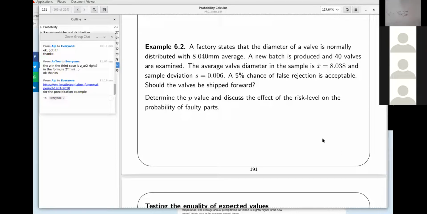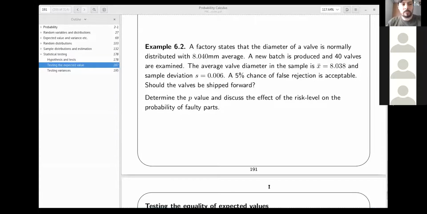In this case, I just calculated it, and I'm going to calculate it with MATLAB. I'm not going to switch windows here. You can do it by yourself if you want. So we have 8.038 minus 8.040 divided by 0.006 divided by the square root of 40.